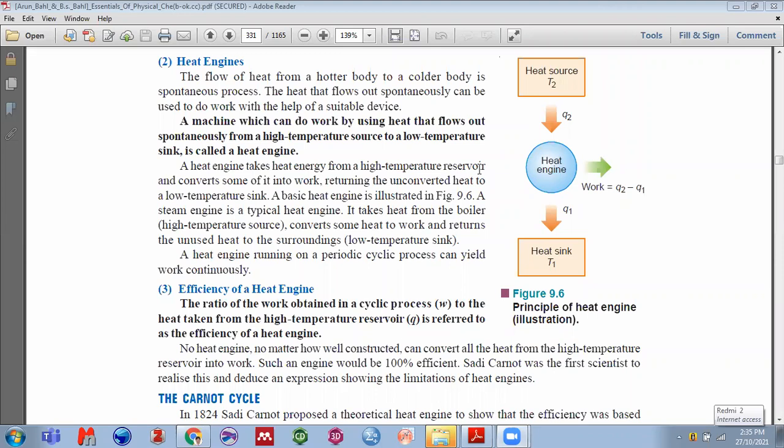convert heat to work. Every engine works in a cyclic process. In a cyclic process, engine does work in the forward path and work is done on it in the backward path.